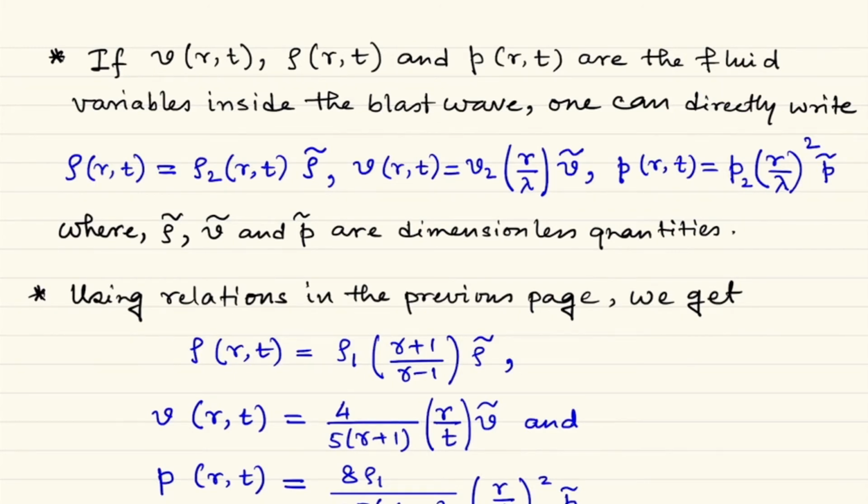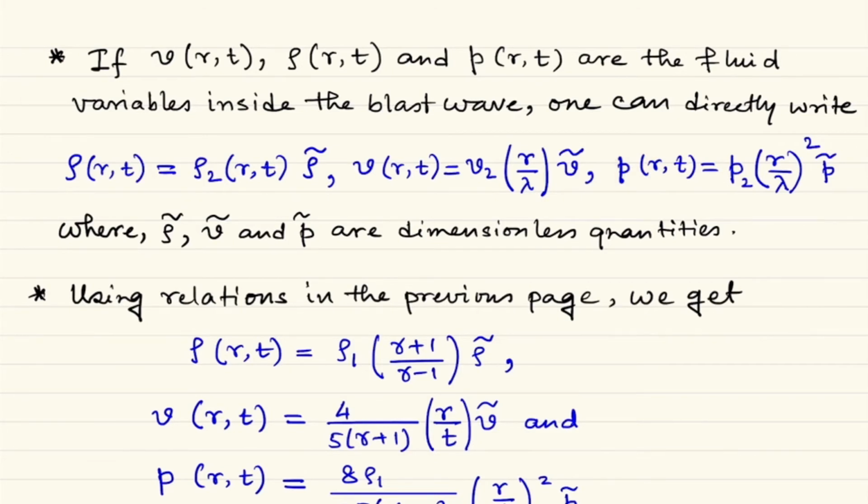But very roughly speaking, you can be convinced as follows. Remember the order of moments of these macroscopic quantities. Rho is the zeroth order moment of velocity, v is the first order moment of velocity, and p is the second order moment of velocity.